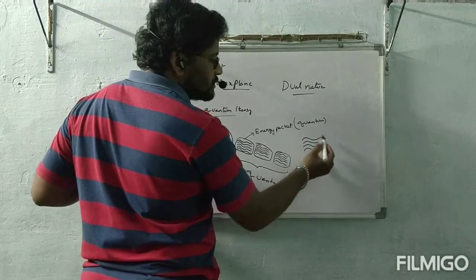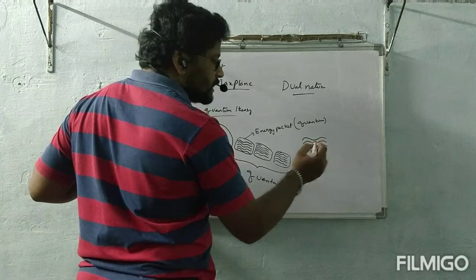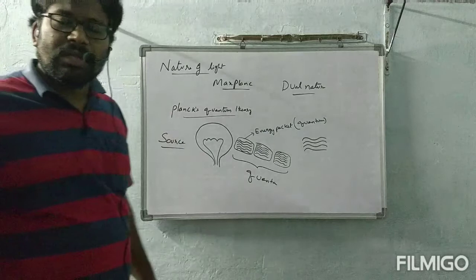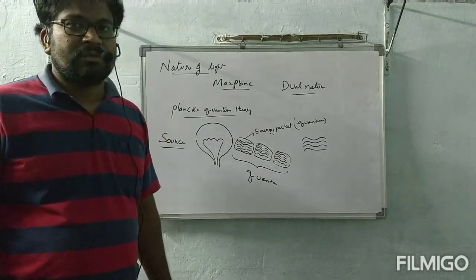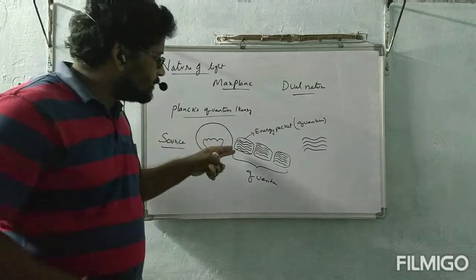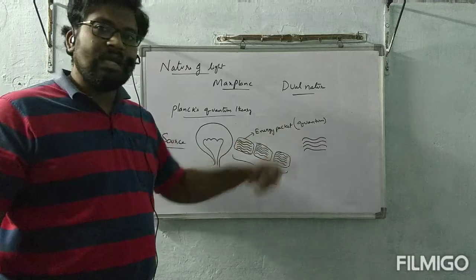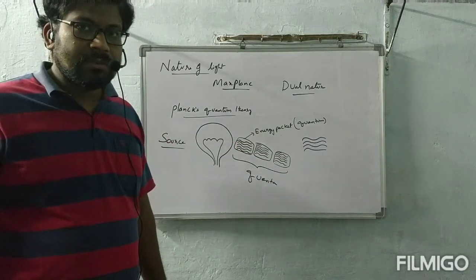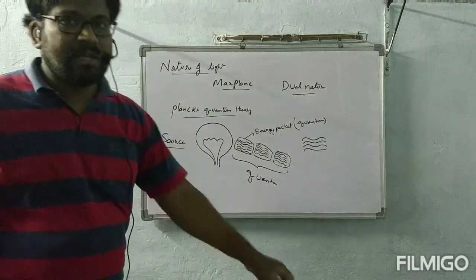This bunch of waves is treated as one particle. Inside, again waves are there, meaning it contains both wave nature as well as particle nature. And each energy packet is called a quantum. Are you okay? This is Planck's quantum theory.